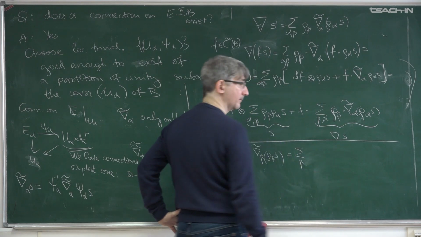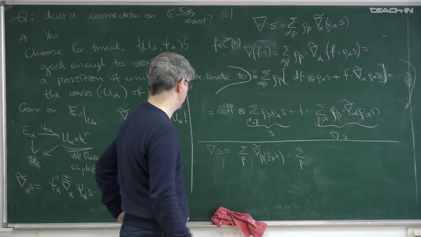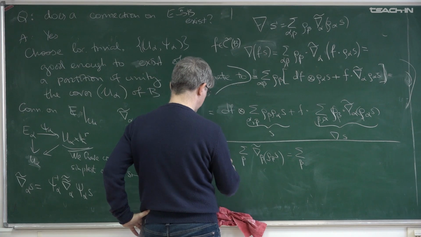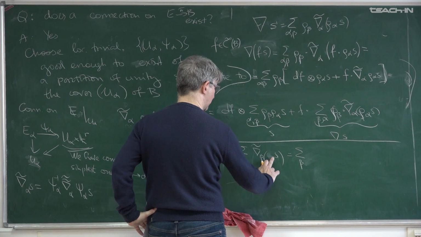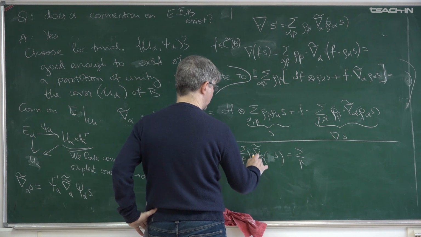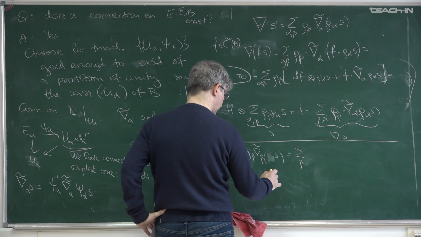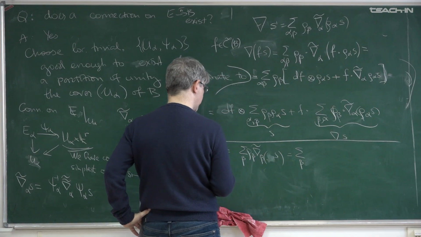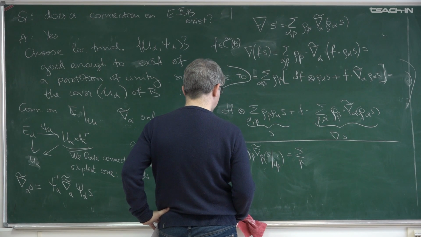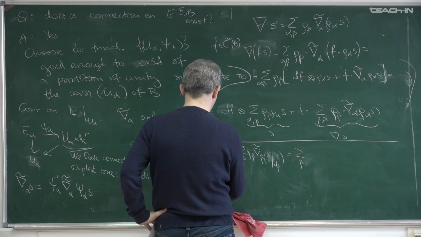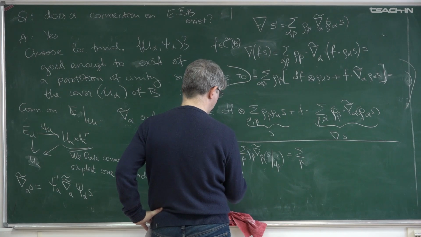Not in this way. It was its definition, yes? Beta is outside. Ah, okay. Rho beta is outside. Okay. So we calculate this thing, yes? We multiply the section s by function f.